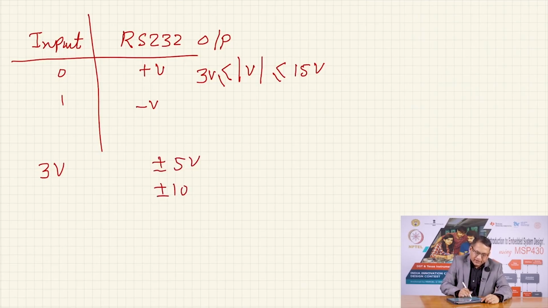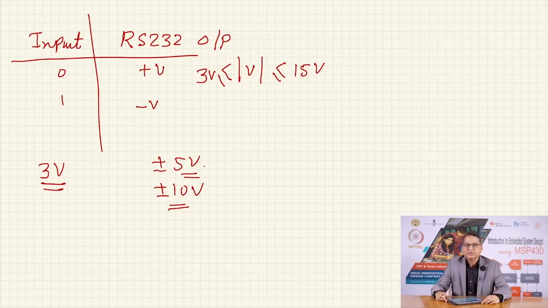Now, how do you generate plus minus 5 volt from 3 volts? Either you supply individual voltages, bipolar voltages of this value, or many of these line drivers have a built-in DC to DC converter which converts the supply voltage of 3 volt to 5 or 10 volts. Standard line driver ICs, transmitters and receivers are available.